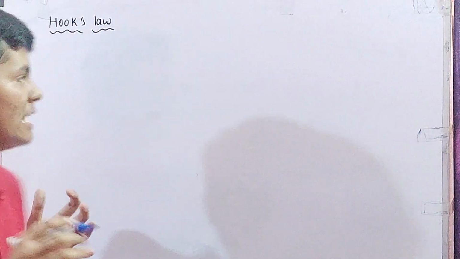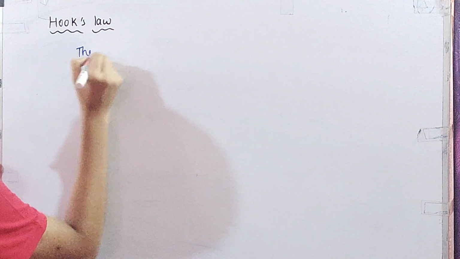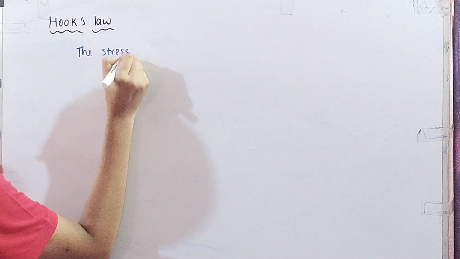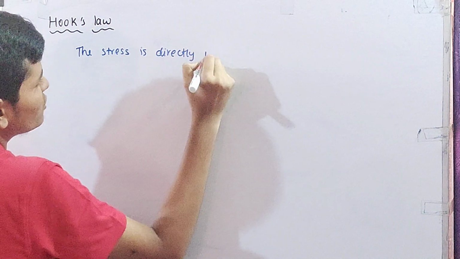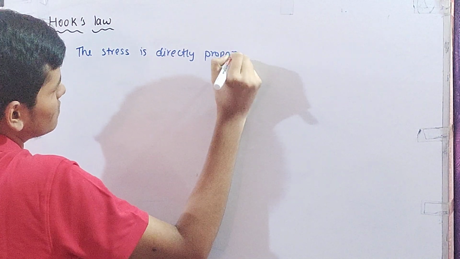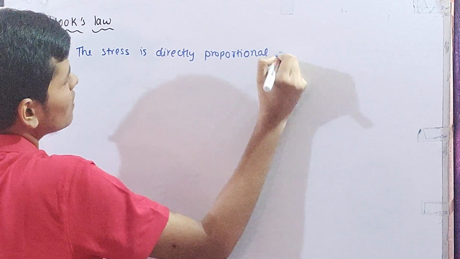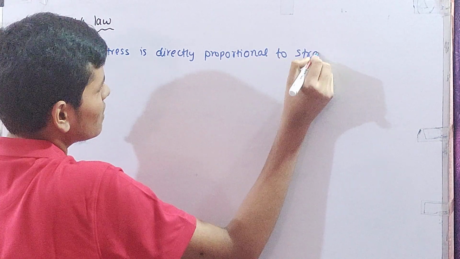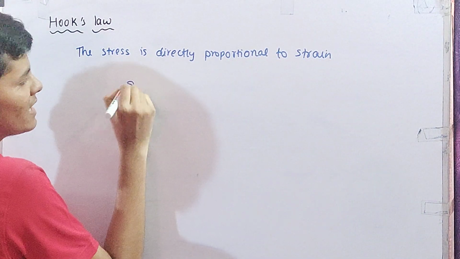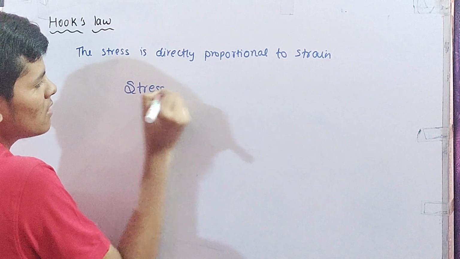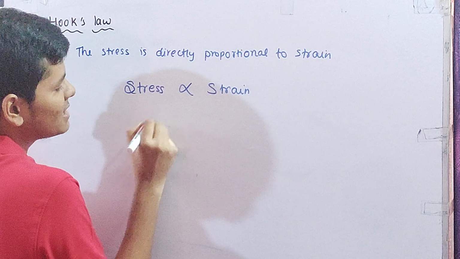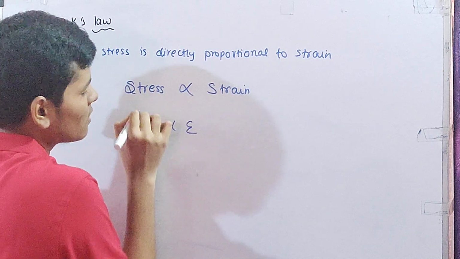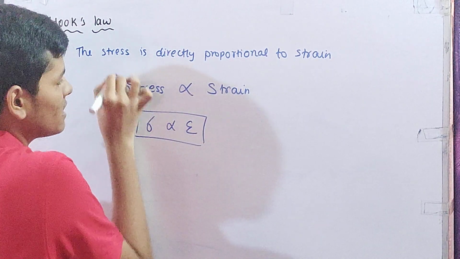Hooke's law states that the stress is directly proportional to strain. So it can be stated that stress is proportional to strain, that is sigma proportional to epsilon. This is what he has stated.